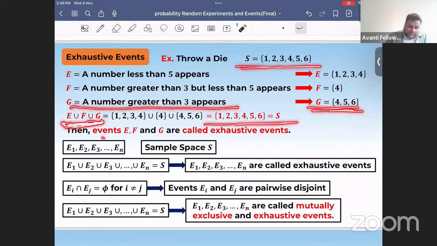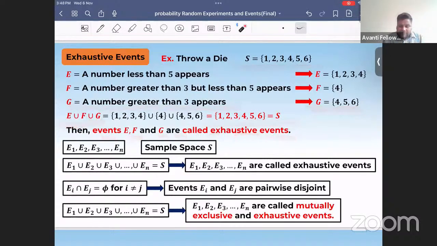Yes. Then E, F and G are called exhaustive events. Even I can say E and G are in themselves exhaustive events, excluding F. Got it?